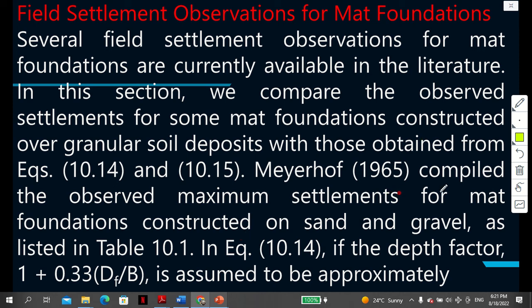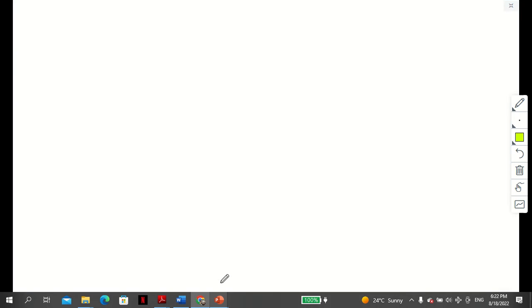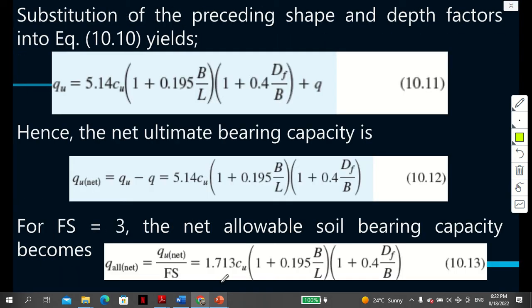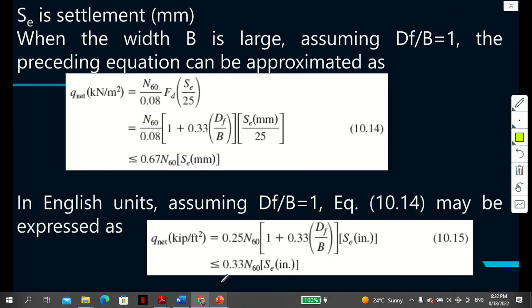Then Meyerhof in 1965 compiled the observed maximum settlements for mat foundations constructed on sand and gravel as listed in the table and equation 10.14. Just to refresh your memory, the equations we are talking about are 10.14 and 10.15.